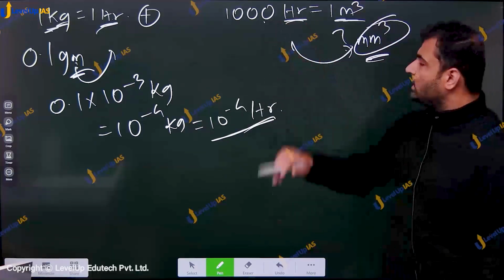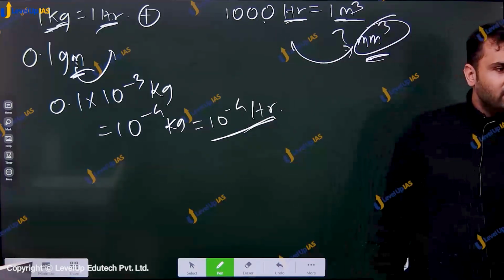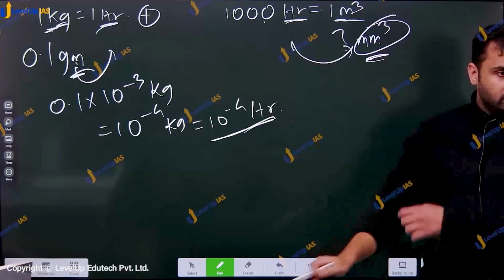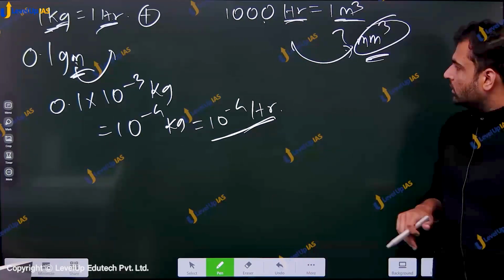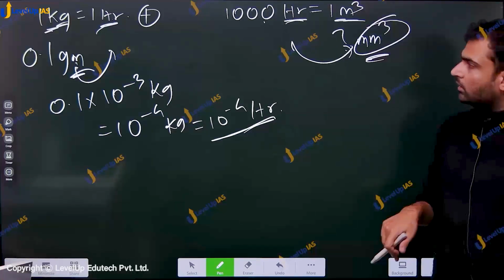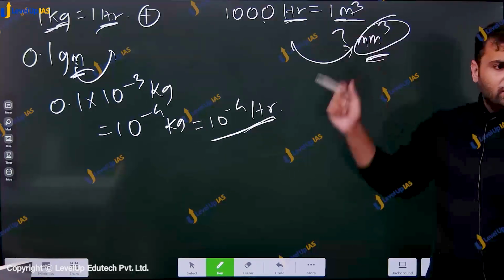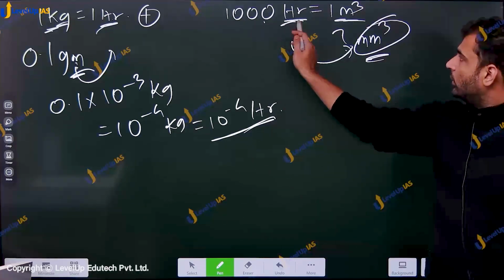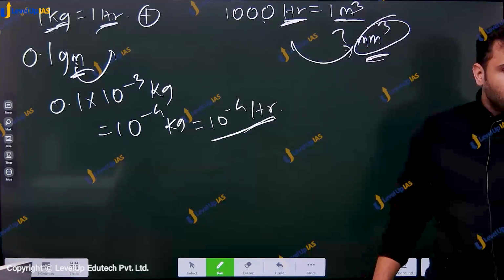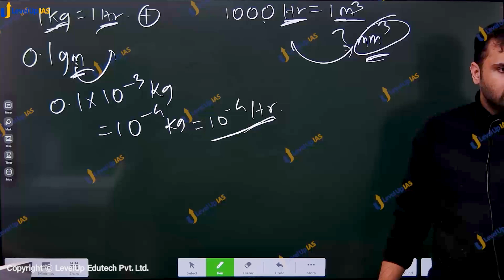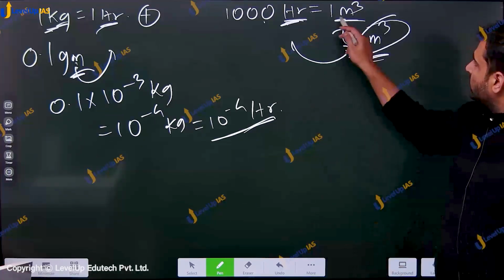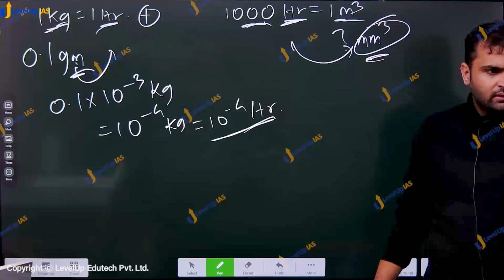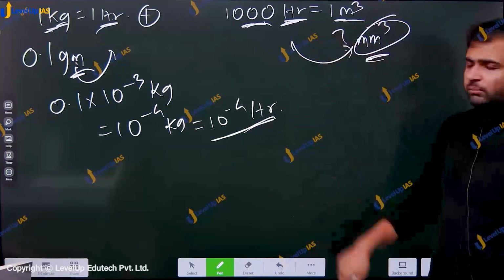We have 1000 liters as 1 meter cube. 1000 liter is 1 meter cube, right? So 1 liter is 1 by 1000 meter cube. I brought the 1000 from here to there. Yes, 1 liter would be 1 by 1000.